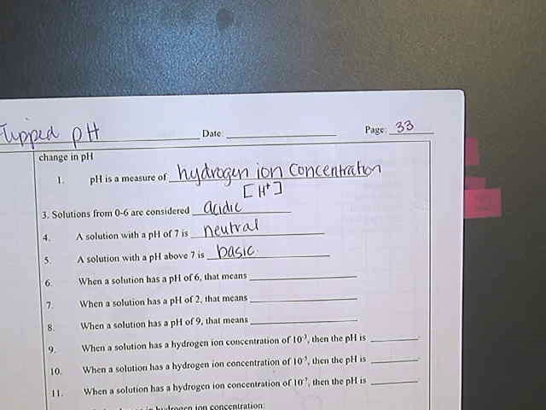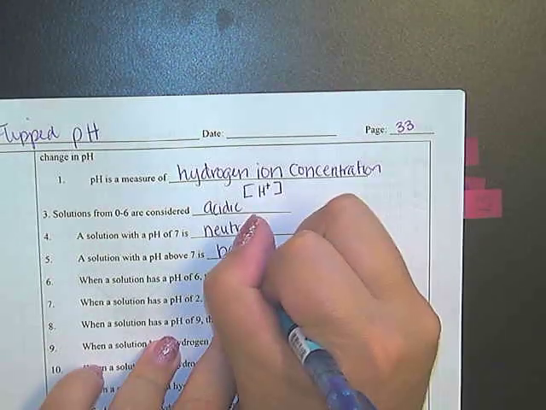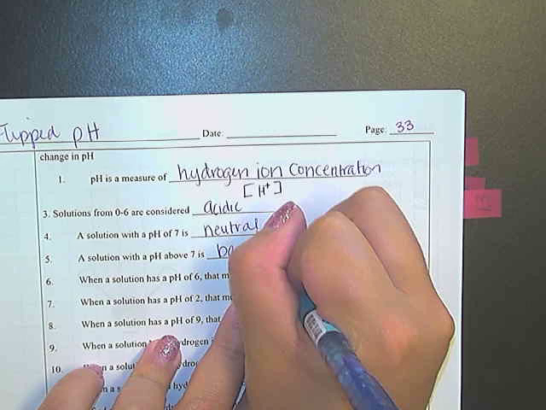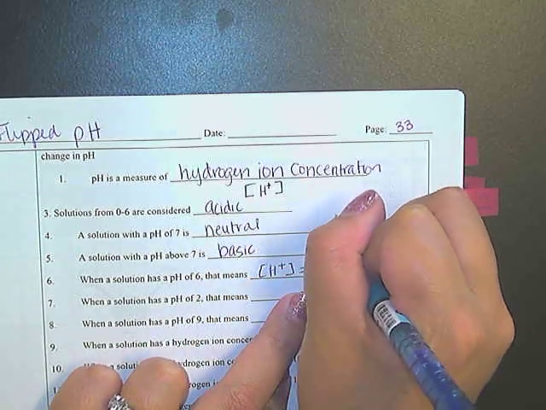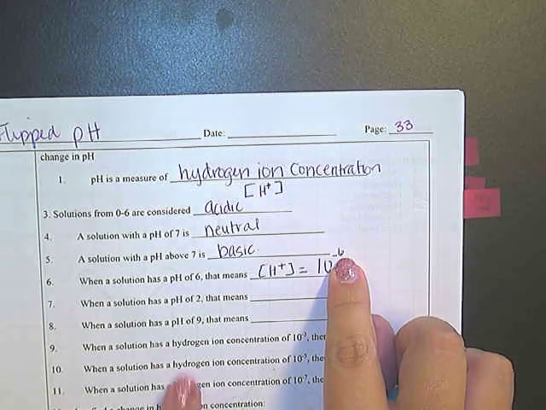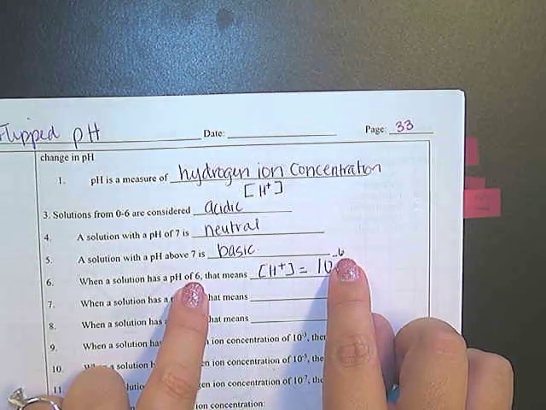So what we're going to look at now is the hydrogen ion concentration. When you have a solution that has a pH of 6, that means that your hydrogen ion concentration is equal to 10 to the minus 6. So that 6 right there and that 6 right there is what it's referring to.